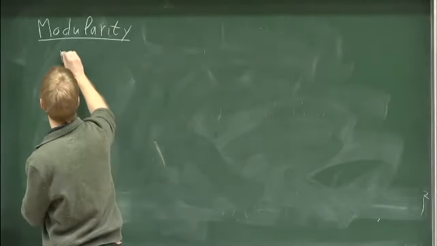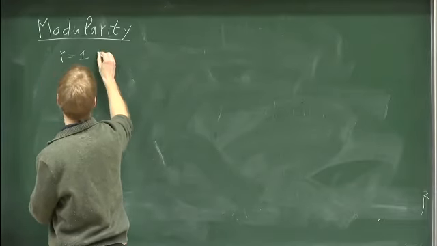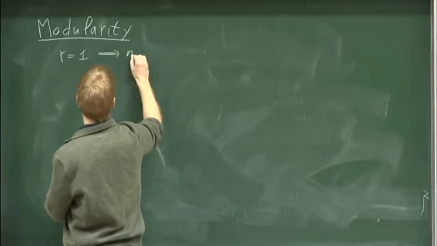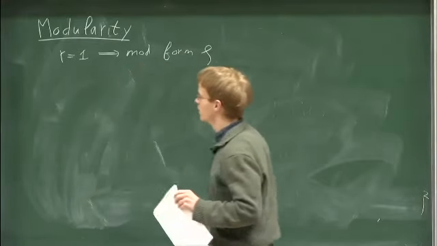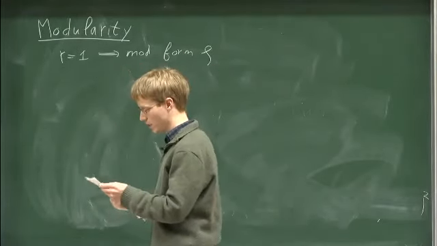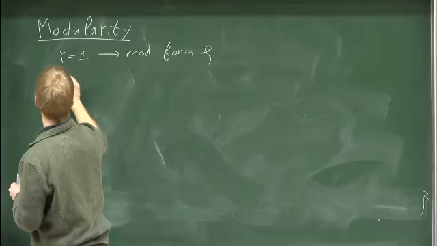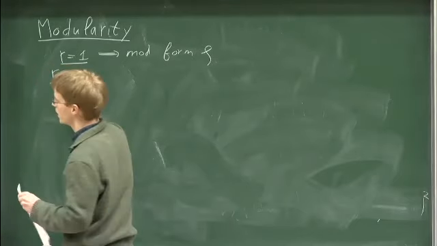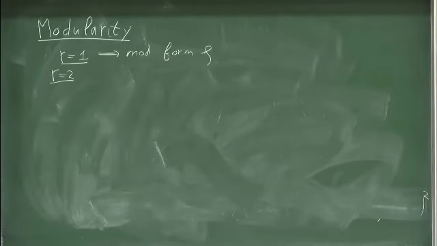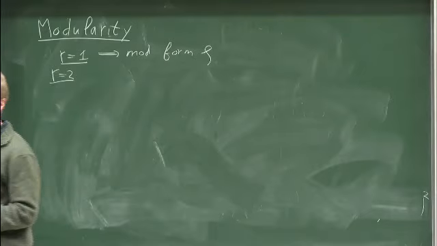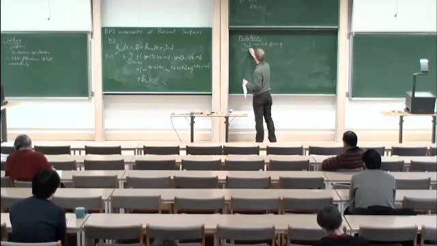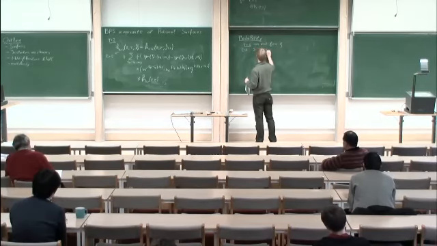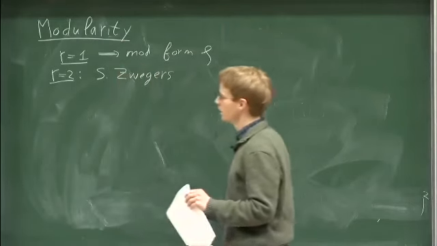So for r equal to 1, we had a modular form on the nose, so there's not much to discuss here. For r equal to 2, we get these indefinite theta functions, and because they are just partial sums over the lattice, they have in general not good transformation properties. Their transformation properties were finally understood in the work of Sander Zwegers around the year 2000.